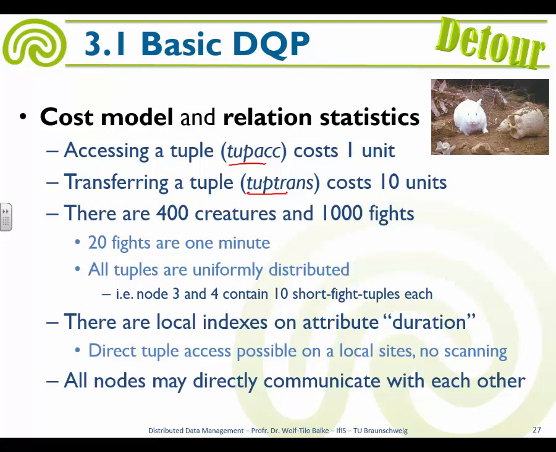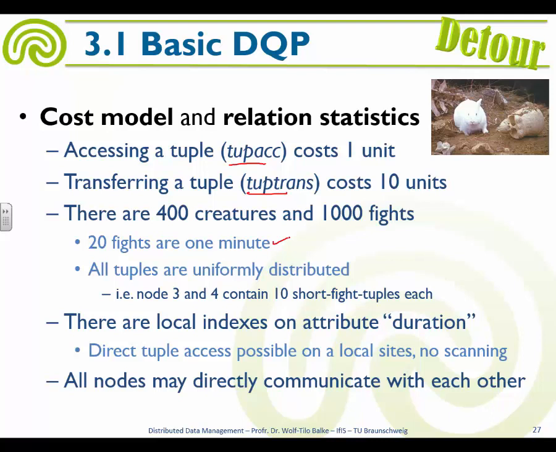It's more expensive. Then let's assume some basic statistics about the size of the tables for this example. Let's say that we have 400 creatures and 1,000 fights, and those that fulfill our query are only 20 fights. Only 20 of them last 1 minute, which is what the query is asking for. Furthermore, we assume that all the tuples are uniformly distributed.